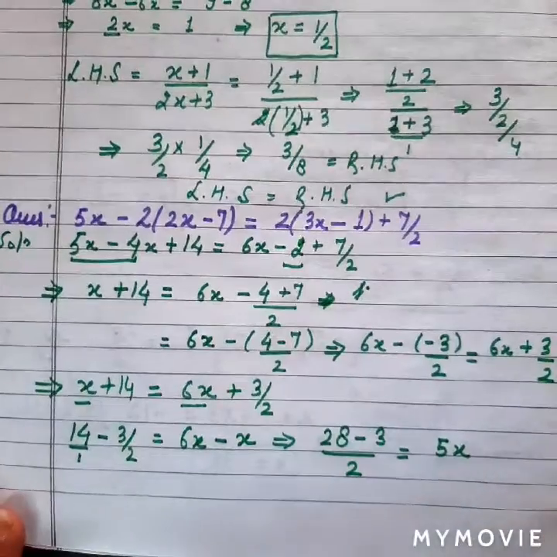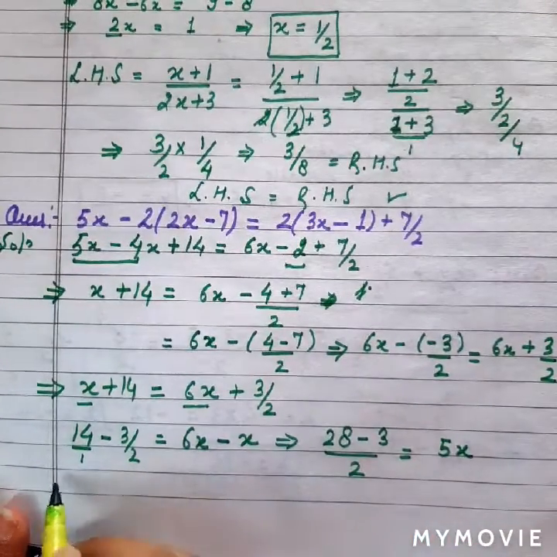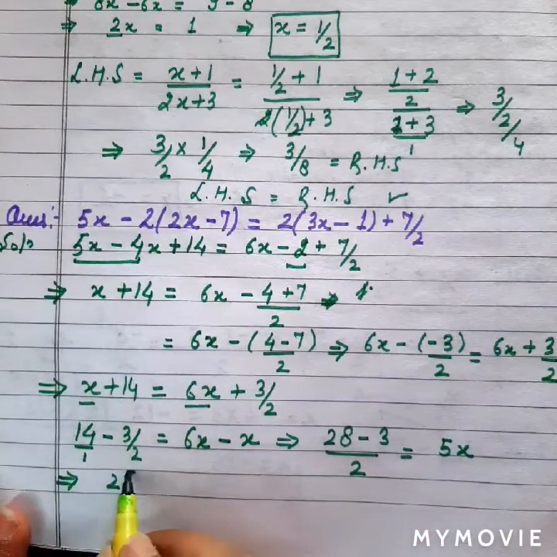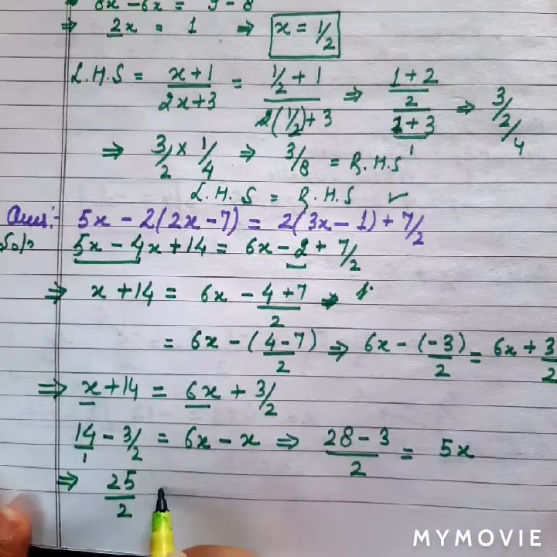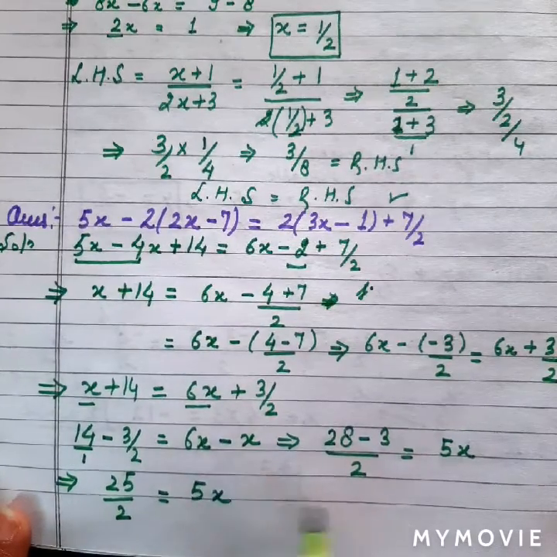Now what we will do is 28 minus 3, this is equal to 25 upon 2, and here 5x was already there, right?